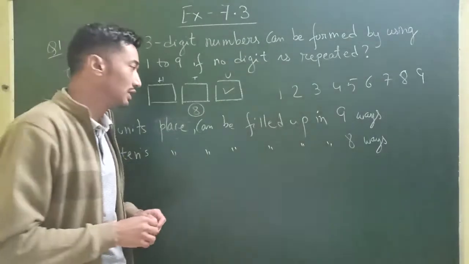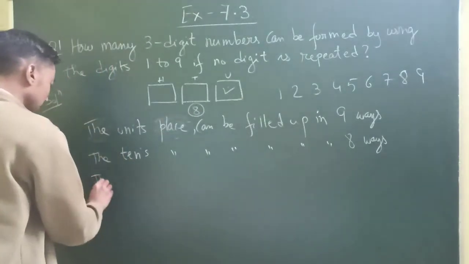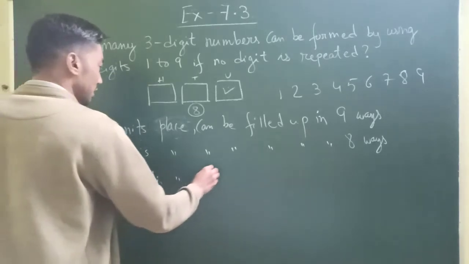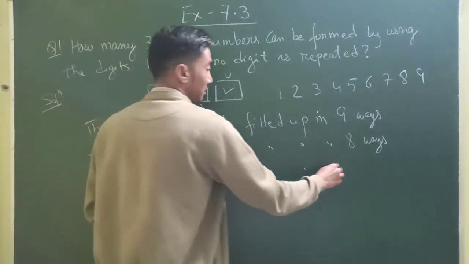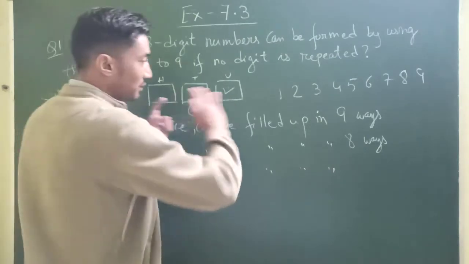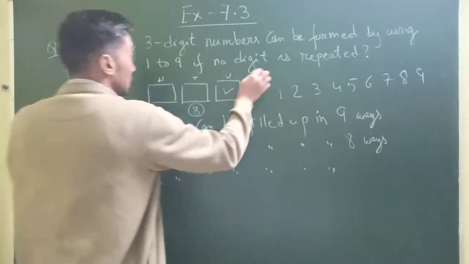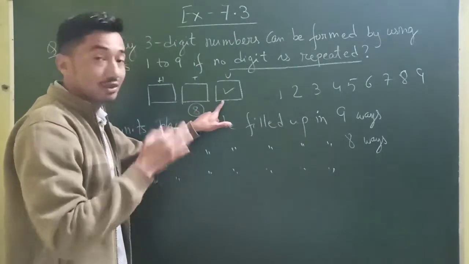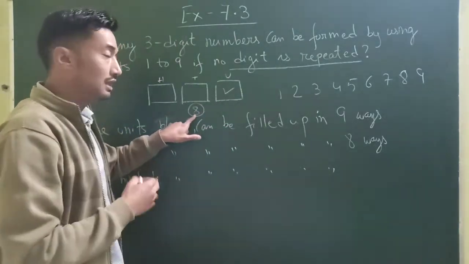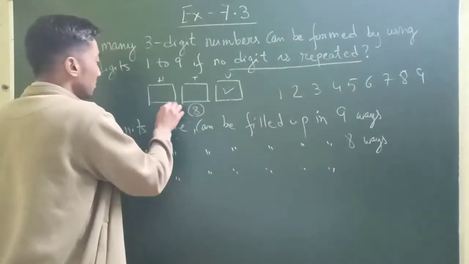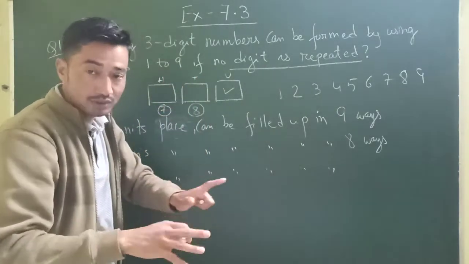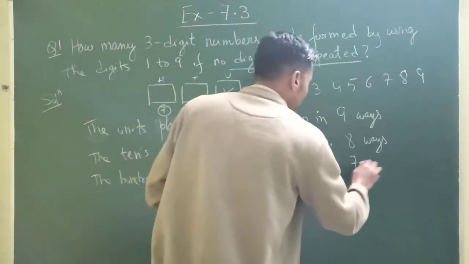We can just do it in our own ways. And similarly, the hundreds place can be filled up in how many ways? Here 9 digits we had, we could use any one. Since repetition is not allowed, we have only 8 digits now because one is already taken. So that means here now we have only 7 digits because 2 digits are already used. That means we have 7 ways.